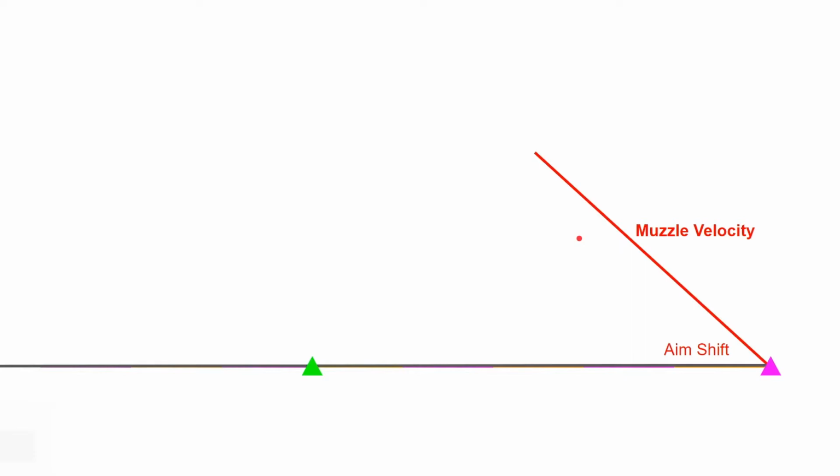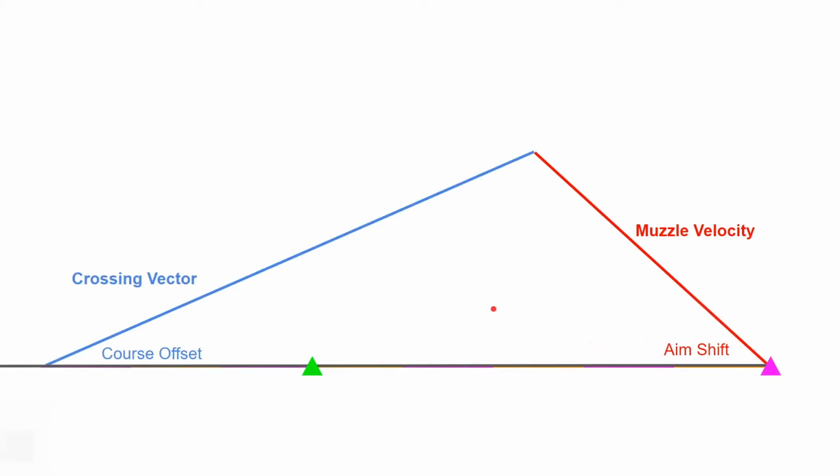What we do know is the muzzle velocity and the aim shift. Remember, the aim shift is the angle from this imaginary line right here and the muzzle velocity angle. We also know the crossing vector magnitude as well as the course offset. So we line everything up. We know that our rate of closure for the turn is this line right here.